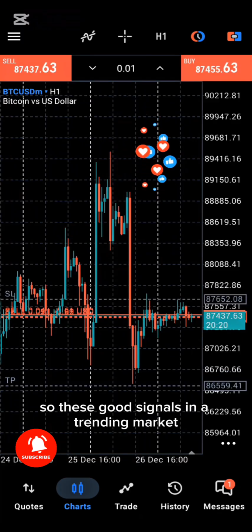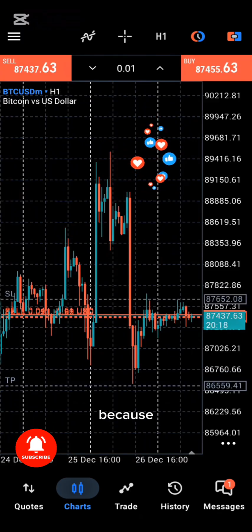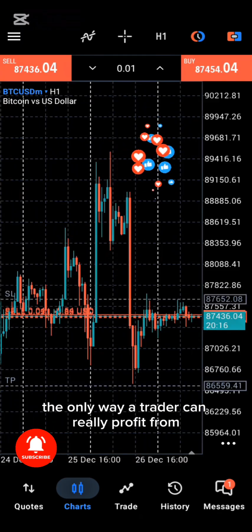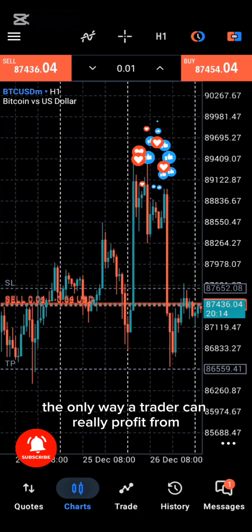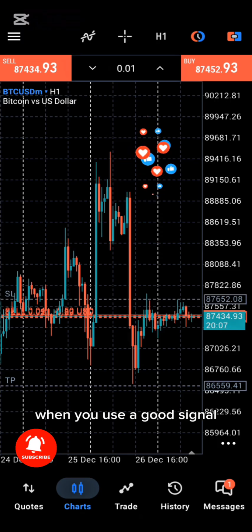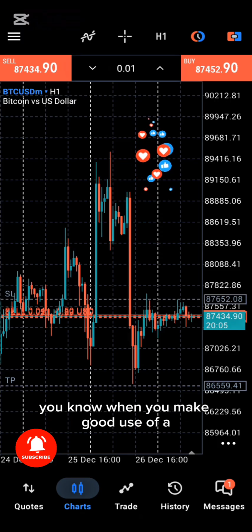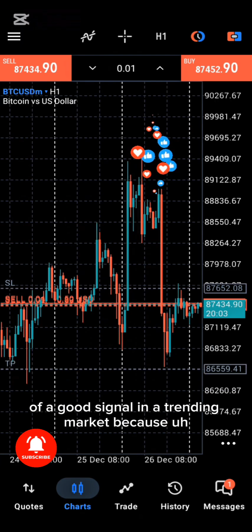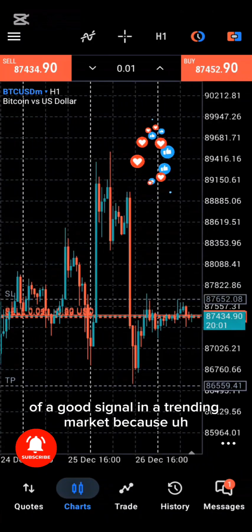So these are good signals in a trendy market, because the only way a trader can really profit from the foreign exchange market is when you make good use of a good signal in a trendy market.